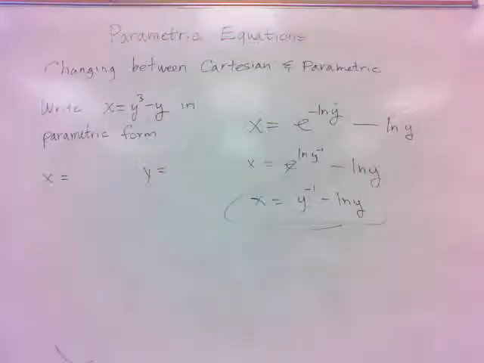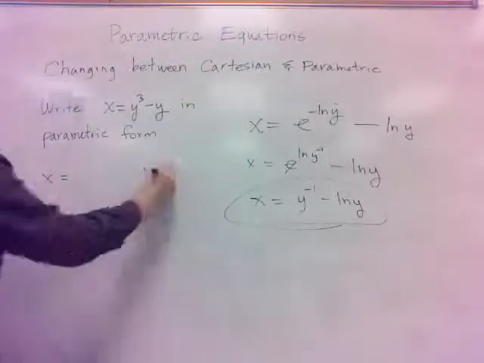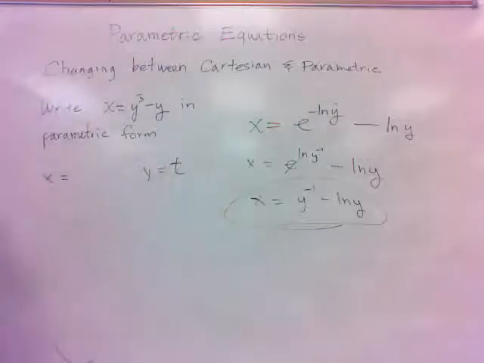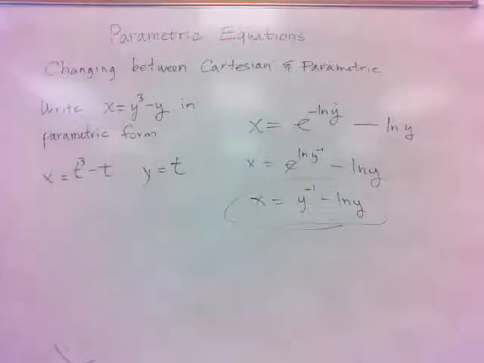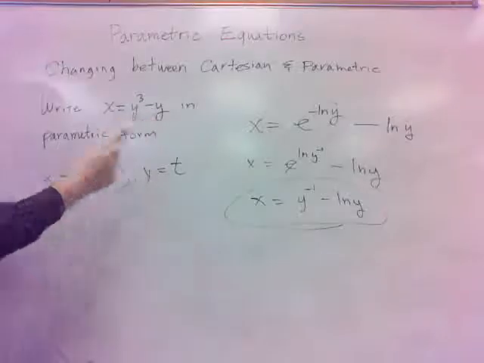Well, what are we doing here? We're writing each part, x and y, in terms of a t equation. What if I said y was equal to t? What would x be? t cubed minus t? Yeah. Usually in parametric, to put it in parametric form, just choose one or the other.